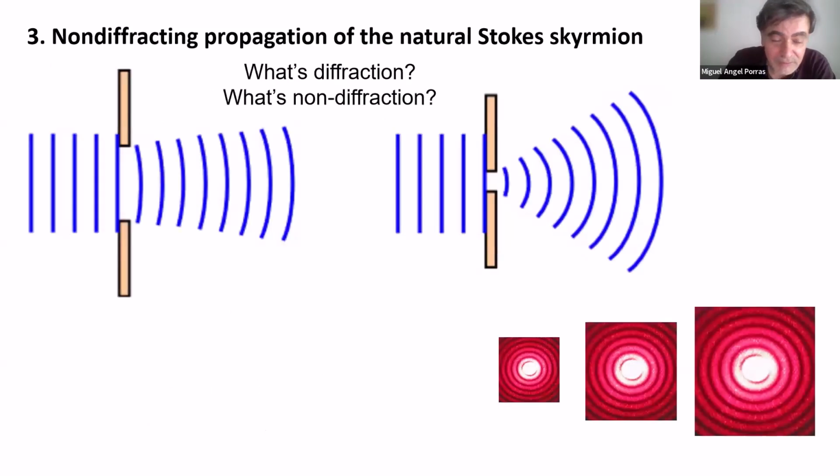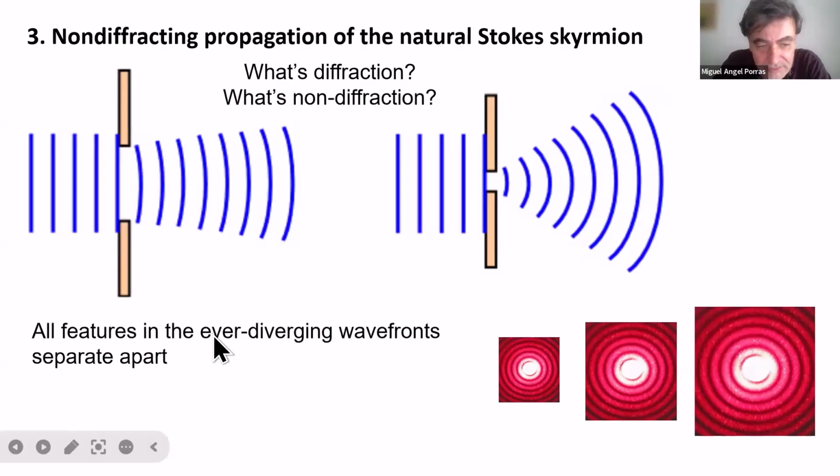Let me recall, of course, I know you know perfectly what diffraction is, but let me stress some aspects. Diffraction is not only a spreading of the intensity pattern, as you can see here, this Airy pattern, for example, but also all features in their ever-divergent wavefronts separate apart.